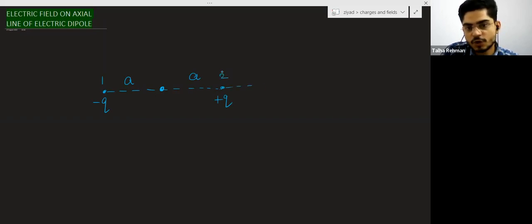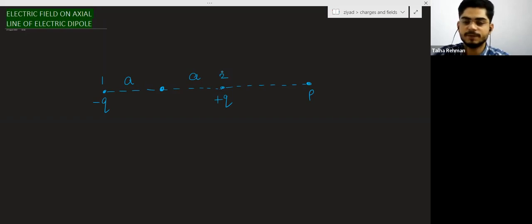We want to calculate the electric field on the axial line. This is the axial line of the electric dipole. Suppose this is the point P, and at this point P we have to calculate the electric field intensity, or you can say electric field simply.